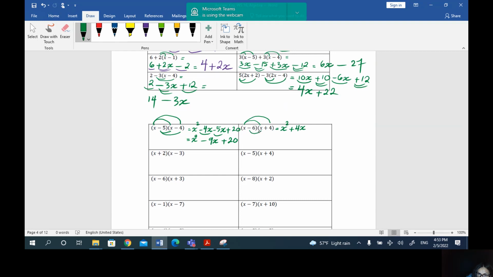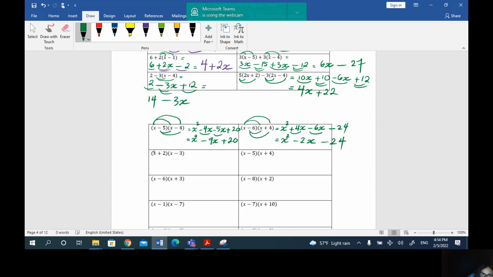Minus 6 times x, minus 6x, minus 6 times 4, minus 24. We're done. Let's collect like terms. X squared, there is no like term to x squared, so you will bring it down as is. Plus 4x minus 6x are like terms. So plus 4 minus 6 is minus 2x minus 24.